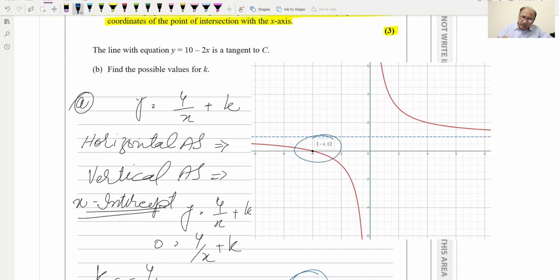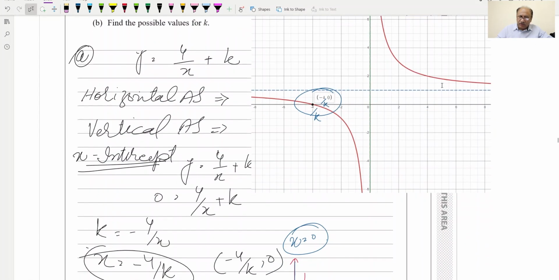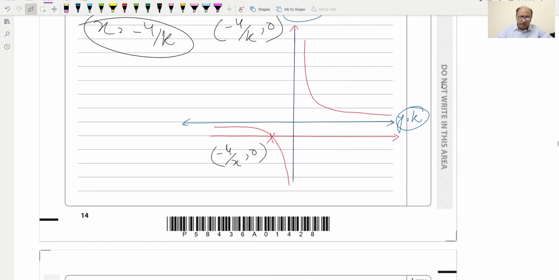Basically, I have taken k is equal to 1, just for your explanation. So the x-intercept will be minus 4 over k. This is the proper to-scale graph which I have plotted with the help of some software for your explanation. Hopefully you understood this, and this graph exactly matches the graph which we have sketched.